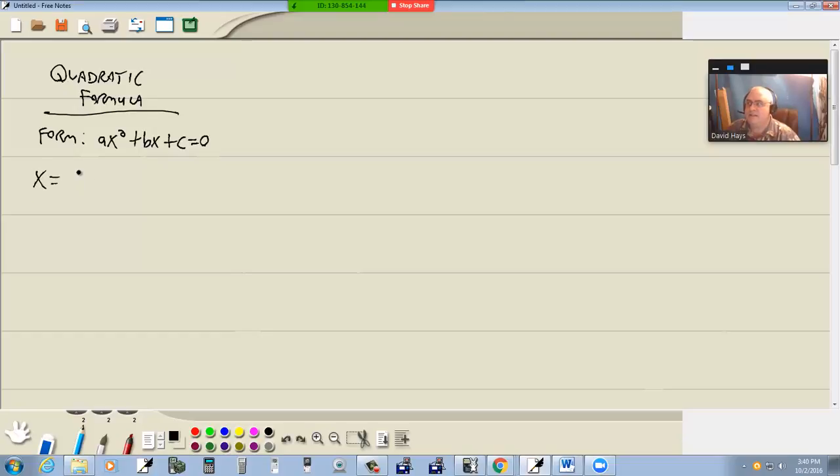And we got x is equal to -b plus or minus square root of b squared minus 4ac all over 2a.